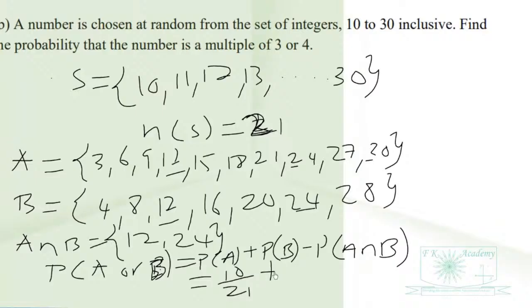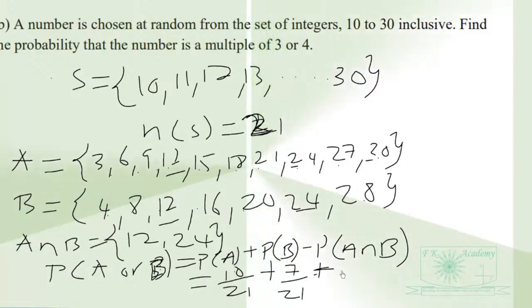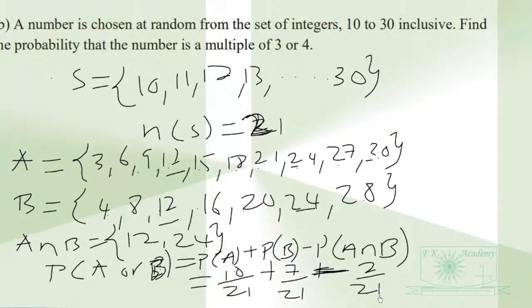So plus we have 1, 2, 3, 4, 5, 6, 7, 8, 9, 10. That's what gives us the 10 over 21. Then for B, 1, 2, 3, 4, 5, 6, 7. So 7 over 21. Then we subtract the intersection, which is 2 over 21.